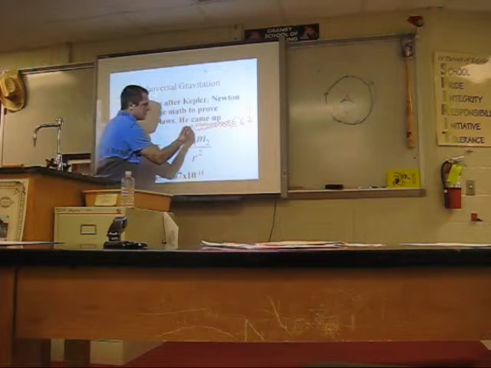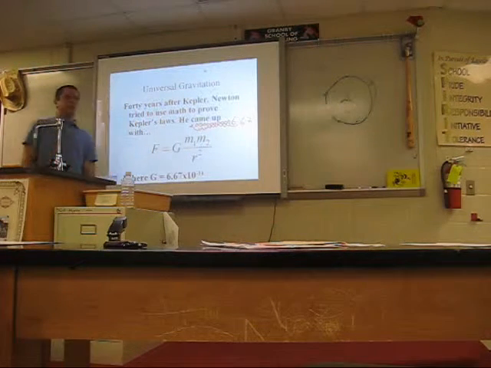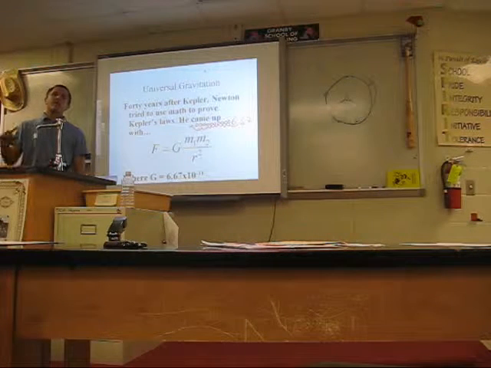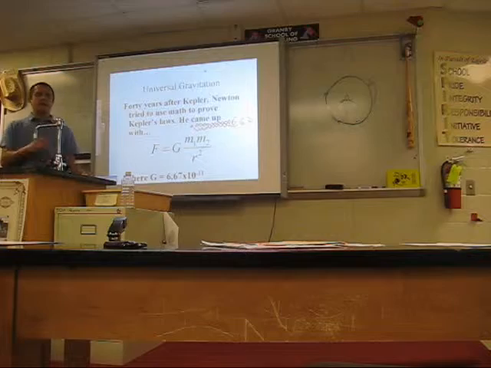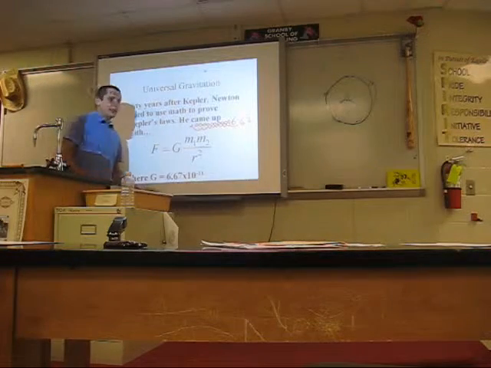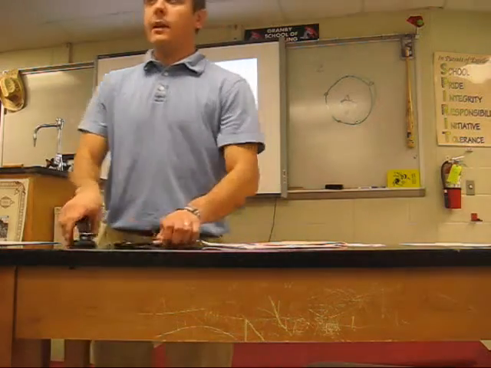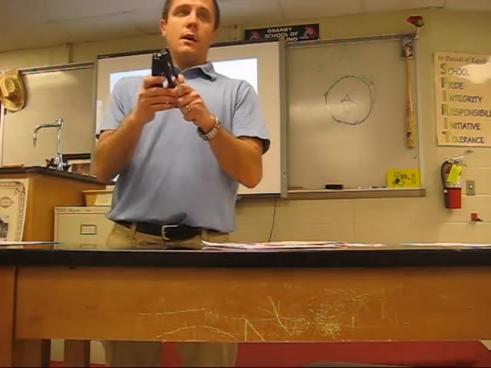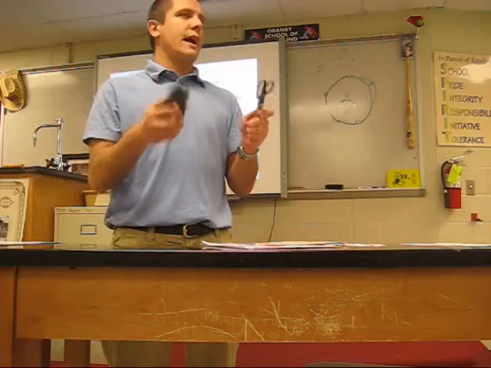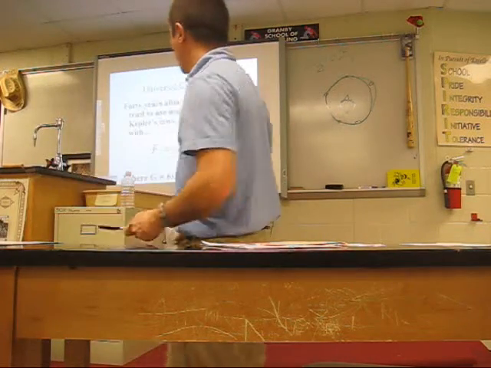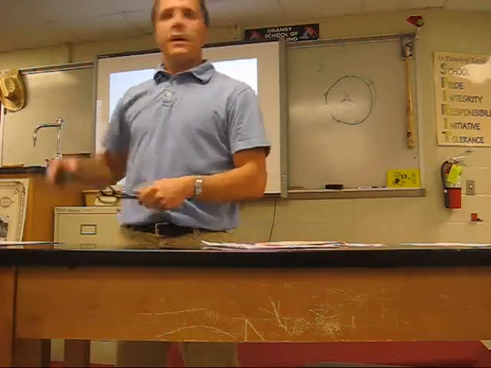Point, and then 10 zeros, and then 667. That's an extremely small number. So anything that has any mass does have a force of gravitational attraction. These two objects have mass, they do have gravity. But the force of attraction is so small, because you have to multiply it by that number, that you're never going to notice it.